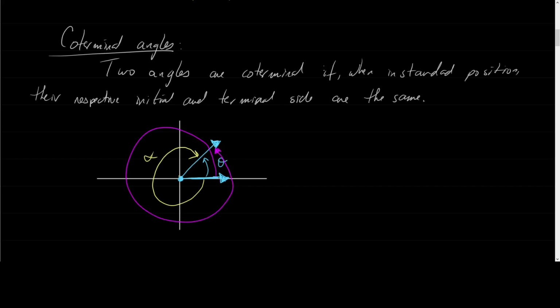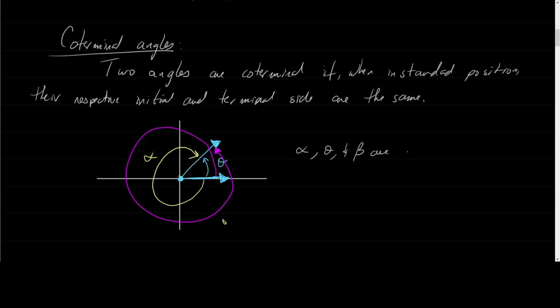All right, this angle right here, which I'll call alpha, starting from here all the way around there, does start with the same initial side, and it ends at the same terminal side. So overall here we could say alpha, theta, and beta are, oh, hold on.